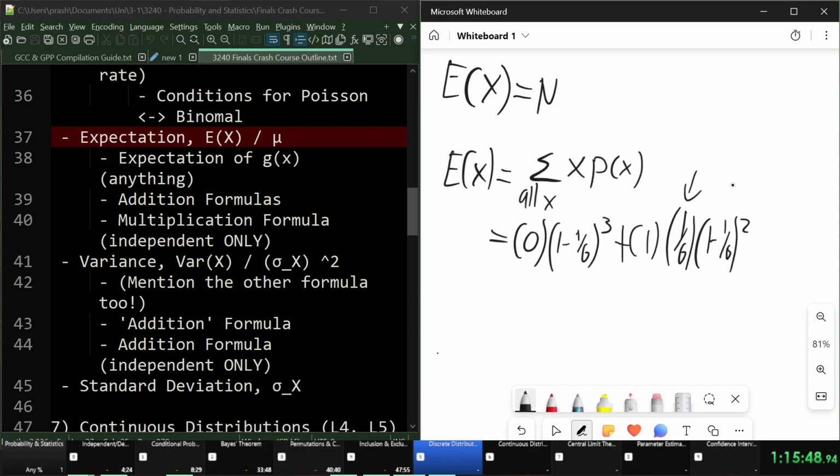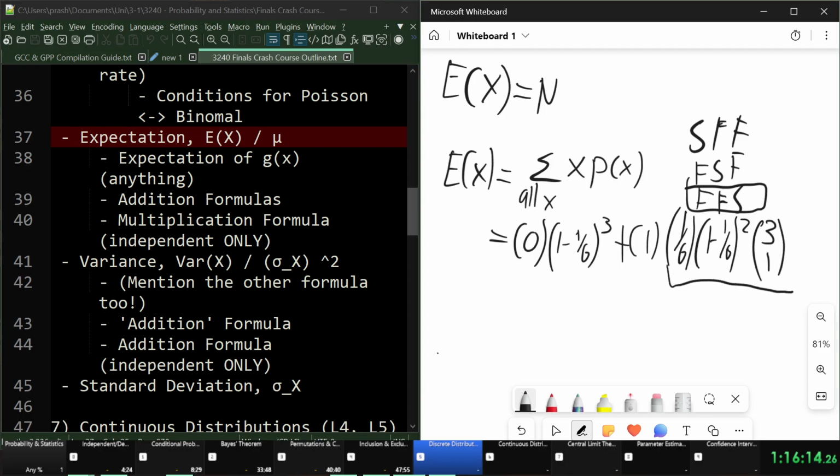We succeeded once, we failed twice. But it could either be success, fail, fail, or fail, success, fail, or my favorite, fail, fail, success. I just realized what this is an acronym for. That's funny. But we've got 3 positions, and only one of them is a success. So from 3, we choose 1 to be a success. You may recognize this as the binomial formula, and that's correct. It is binomial.